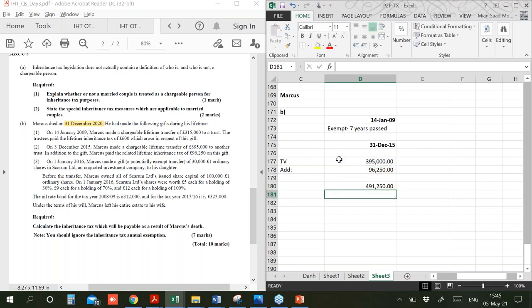491,250. Now I know the nil rate band is available for this transfer, but before this transfer, is there any transfer that would have used the nil rate band? Is there any transfer, guys?